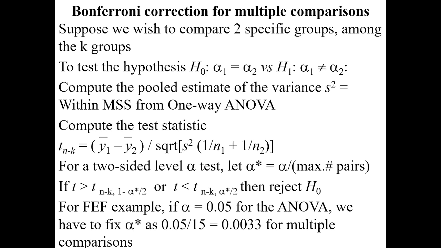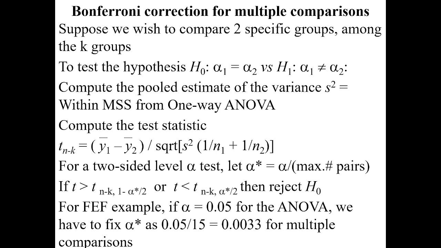For example, if your original alpha, that is your level of significance, again not to be confused with the group effect alpha 1, alpha 2, alpha i, is 0.05, which we fix before performing any statistical test, and if you have 15 comparisons, alpha star will be 0.05 divided by 15, which leads to 0.0033 for multiple comparisons.